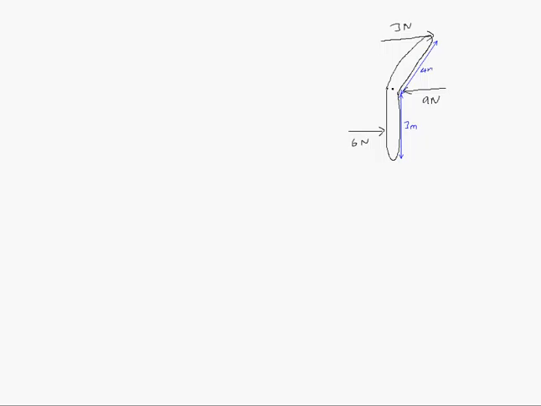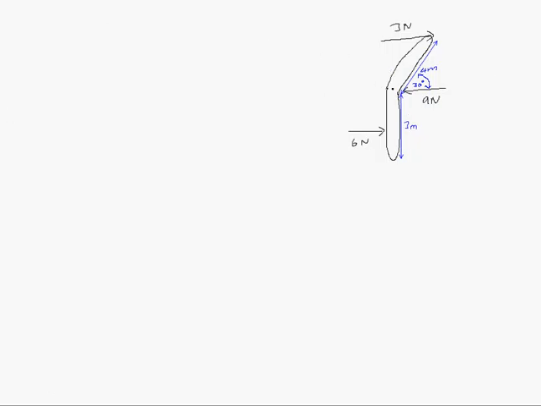And let's also say that this particular angle subtended between this part and the horizontal is going to be 30 degrees. Just going to draw that just there. 30 degrees.